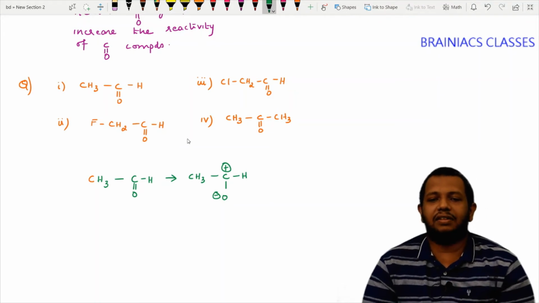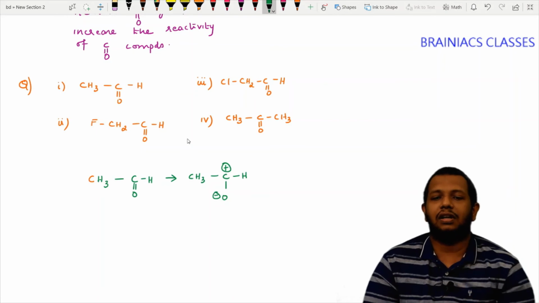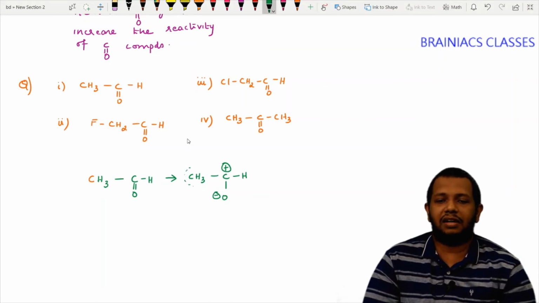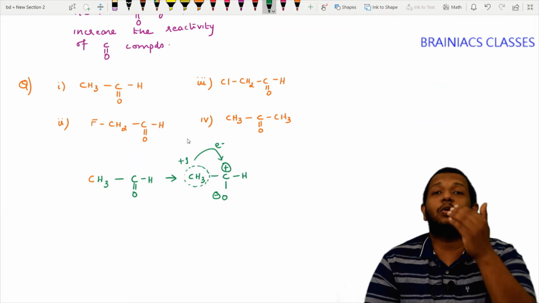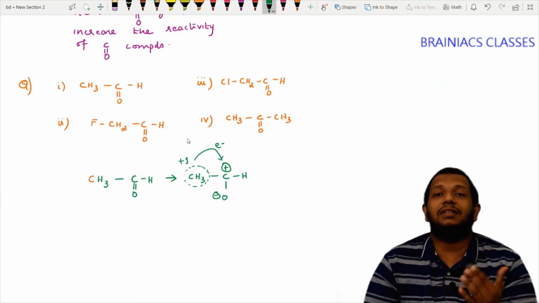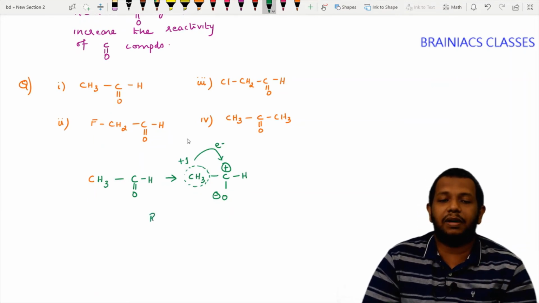Now analyze this positive charge. Check whether this positive charge is getting increased or decreased. I know that near to it the CH3 group is present. So this has what effect? Plus I effect. So this will donate electrons, which means the positive charge is decreasing. So what will be happening to reactivity?